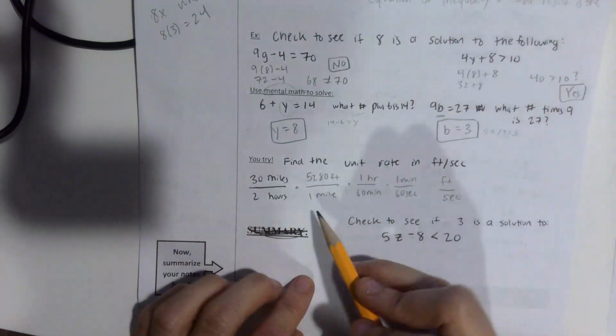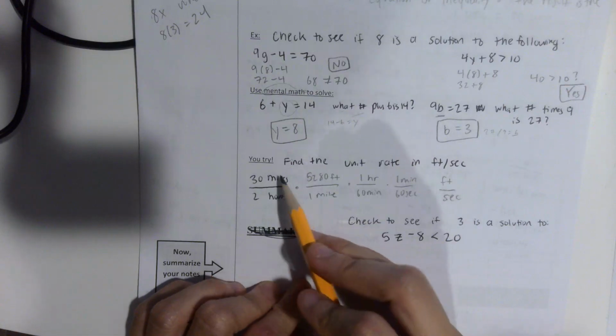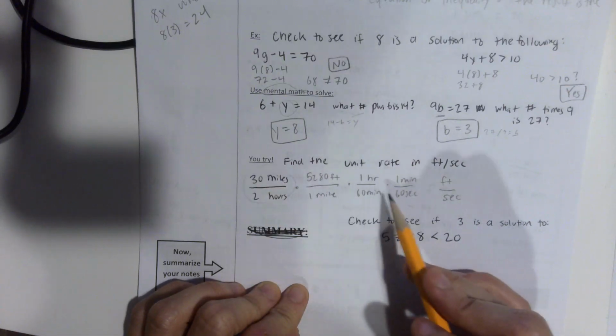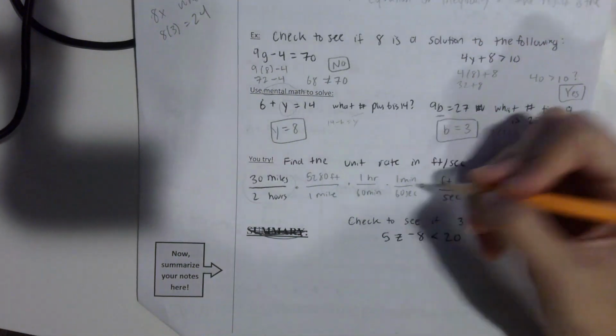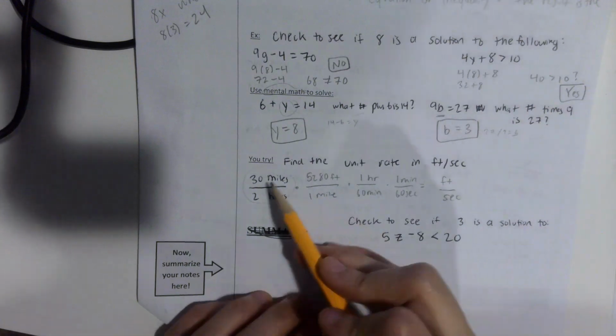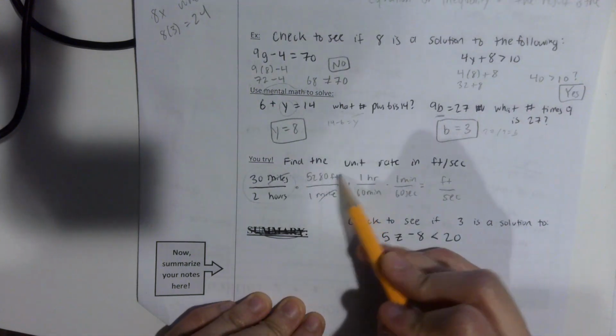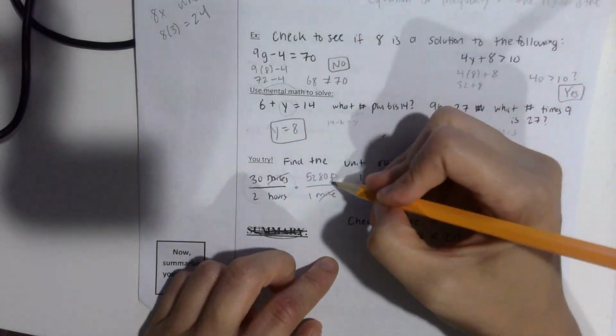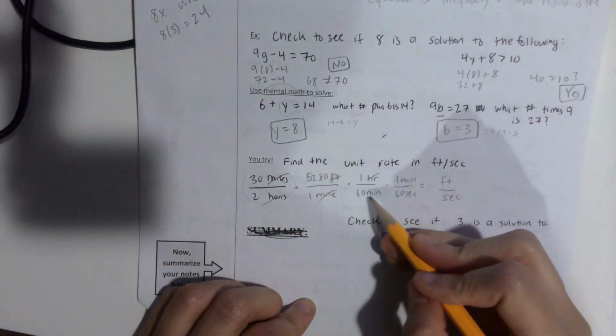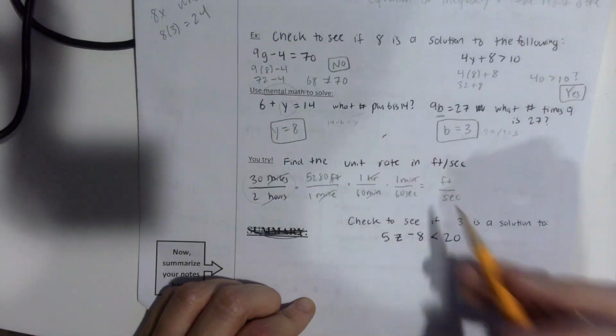Because remember, all these things equal 1. So this is saying I want this times 1 times 1 times 1. So it should be the same thing. The identity property of 1. The only thing is we're trying to switch between units. So we have our miles gone. Oh wait, no, we want our feet. Whoops. We have our hours gone. We have our minute gone. So we have feet per second, which is what we want.